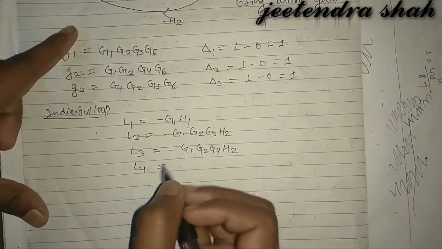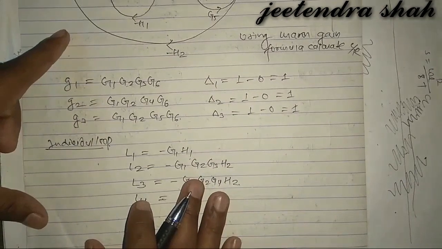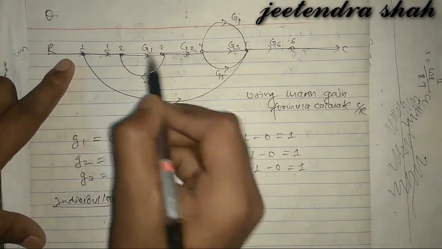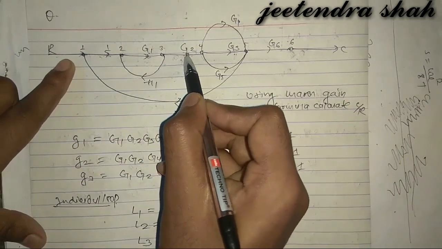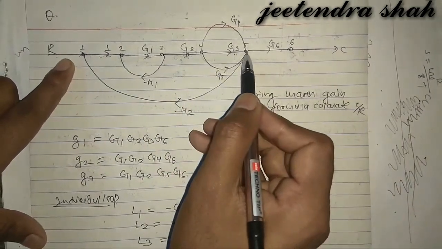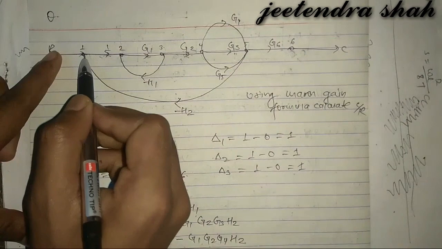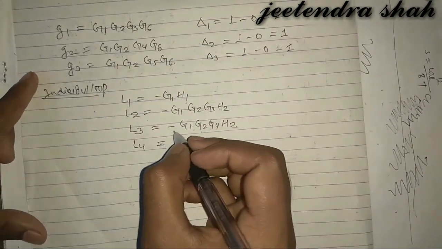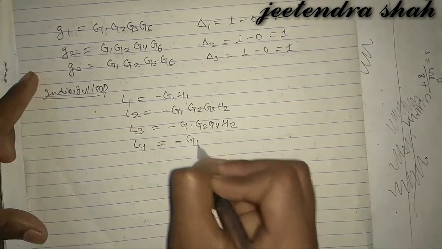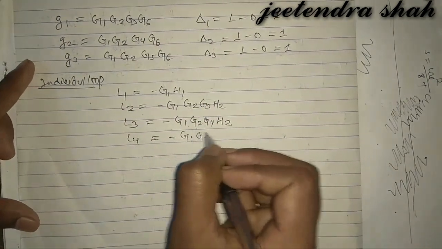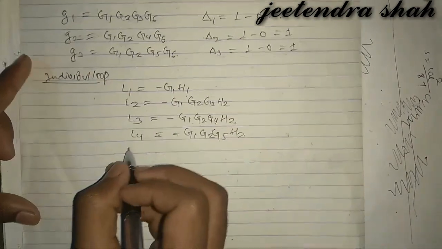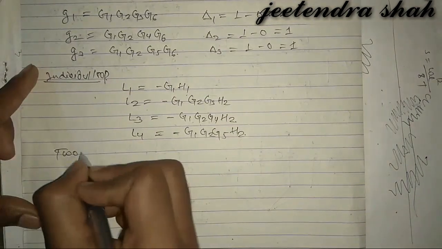And for L4 we can write again 1 into G1 into G2 into G5 into minus S2. Since this is also one individual loop, for L4 we have minus G1, G2, G5 and S2.